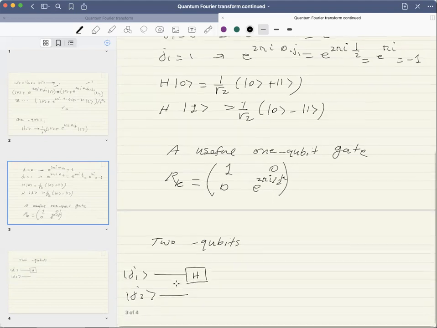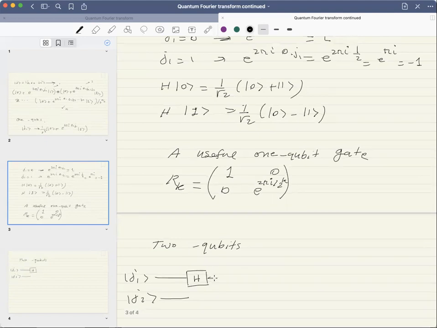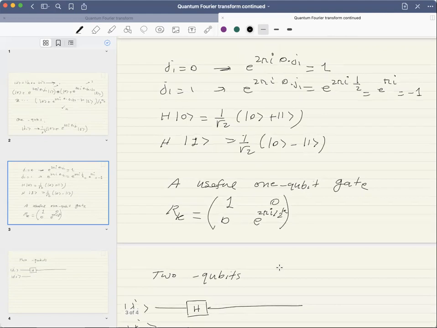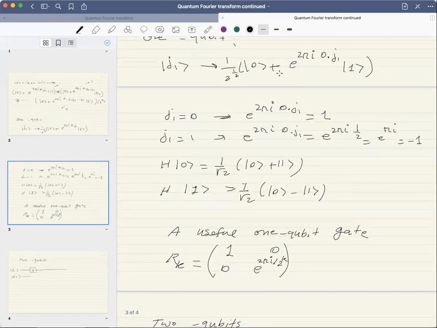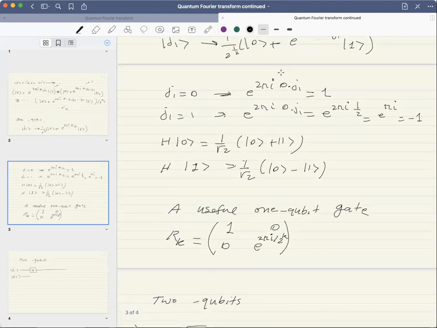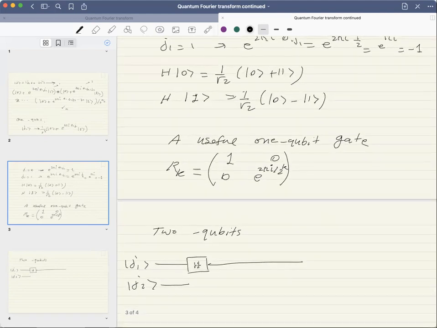So what I create when I hit it with a Hadamard is going to be that combination. So that's what's leaving the Hadamard.